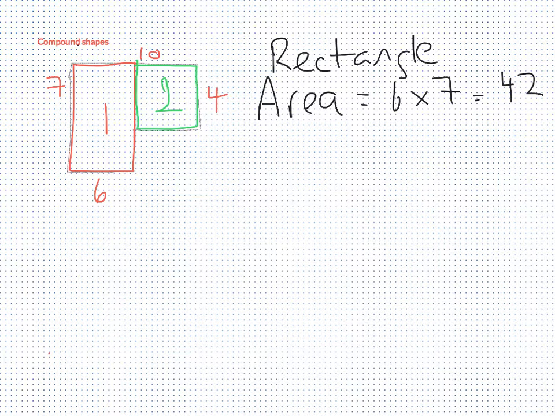And if we wanted to look now at the square, we could calculate the area of the square by saying it would be 4, which is one side, multiplied by, well now, if this section of the rectangle has a value of 6, then this section must have a value of 4, because together they make up a length of 10. So going back to the square, we have side 4, and the other side must be 4 because it's a square. Both sides are the same.